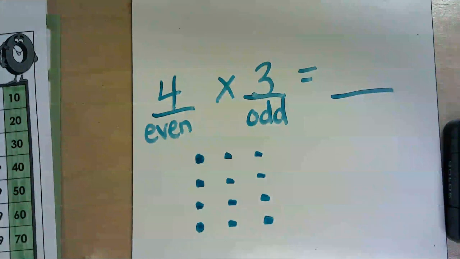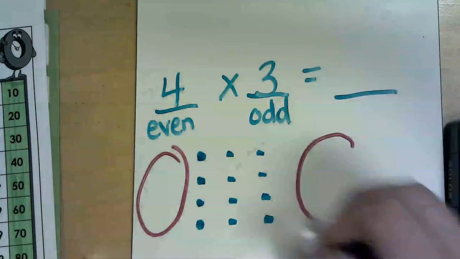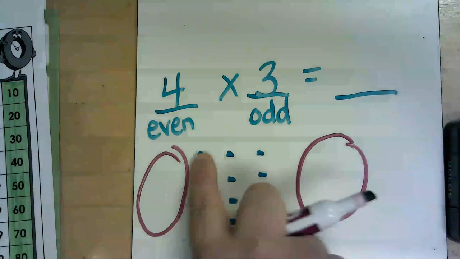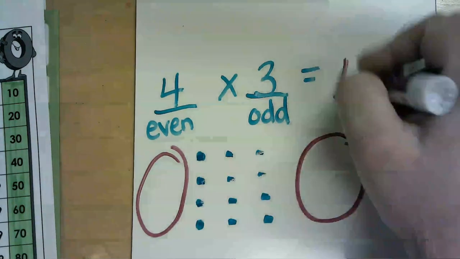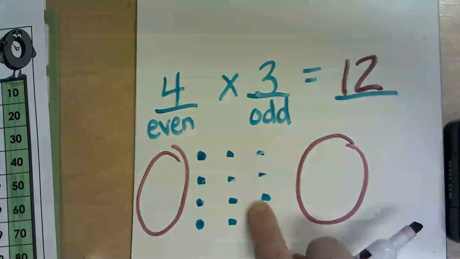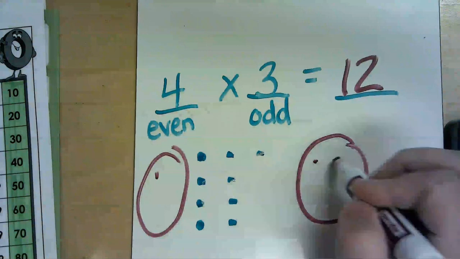All right. Well, let's take a look at it. I'm not sure. So I'm going to make my circles and I'm going to move these dots in. How many do I have altogether? 1, 2, 3, 4, 5, 6, 7, 8, 9, 10, 11, 12. There are 12 altogether. I'm going to go ahead and erase them and put them into their different groups.